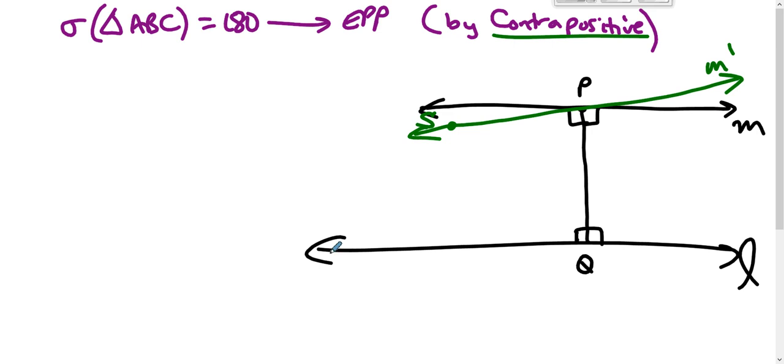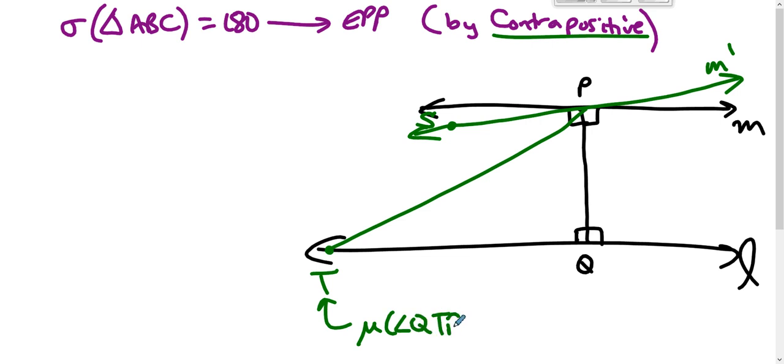And we pick a point T on line L, and we pick that point T such that when we draw this angle, the measure of angle QTP is less than the measure of angle SPR. Where's R?